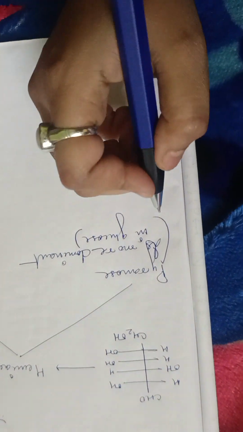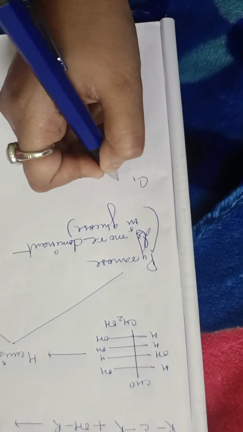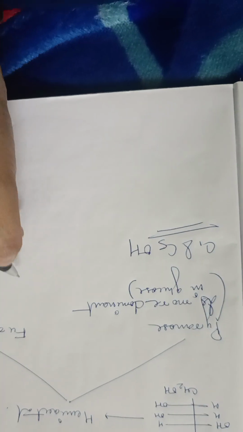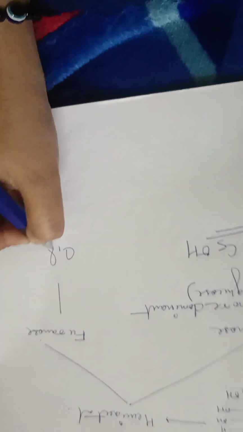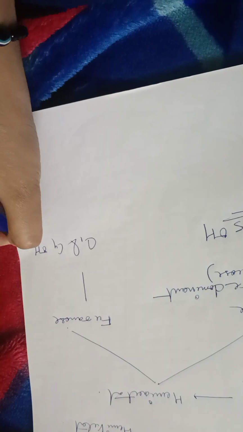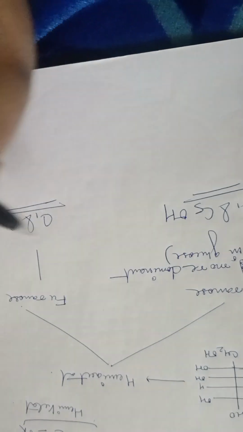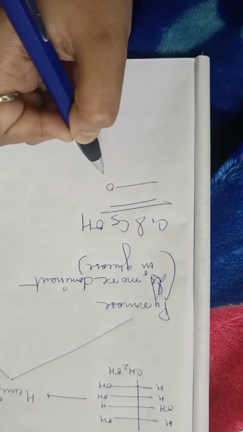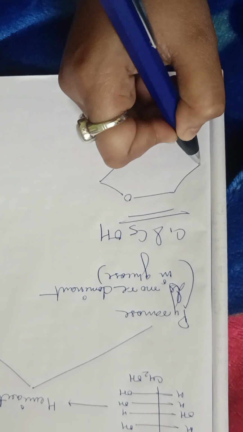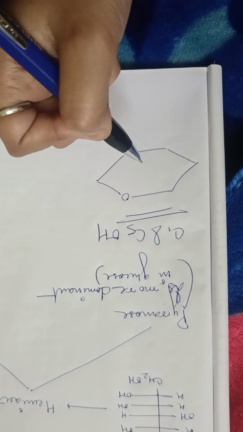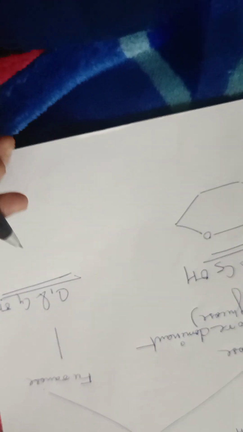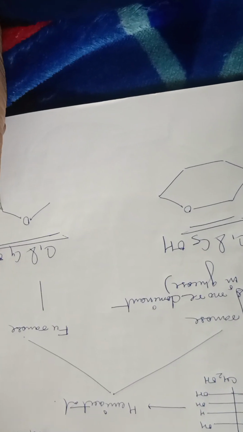If it is a pyranose structure, then the C1 and C5 OH are affected, and if it is a furanose structure, then C1 and C4 OH are affected. Try to understand how C1 is done in the pyranose structure. So this is your pyranose structure and the furanose structure is like this.